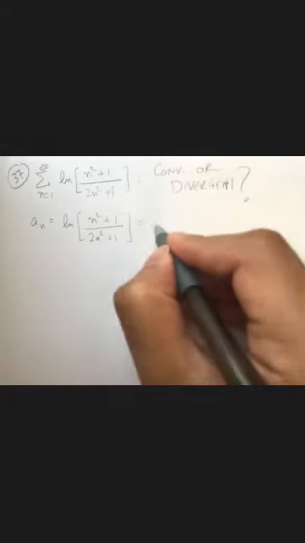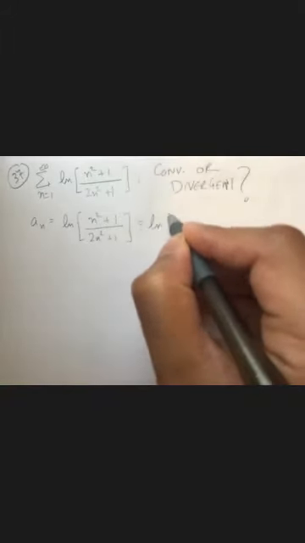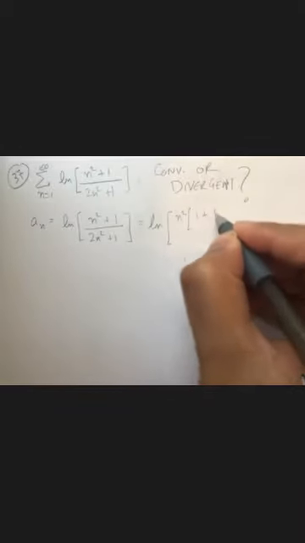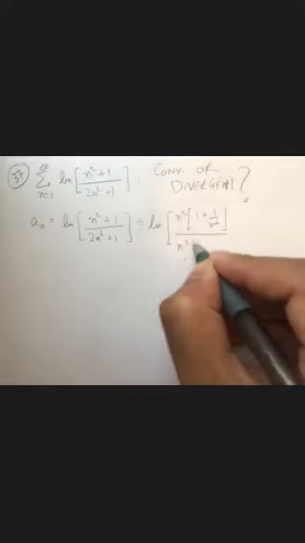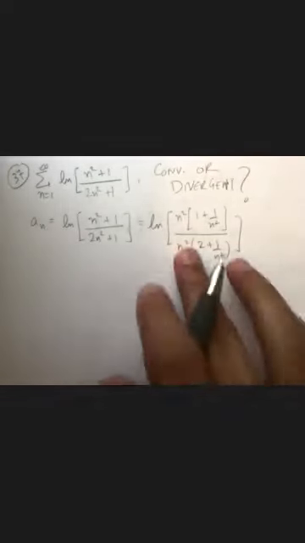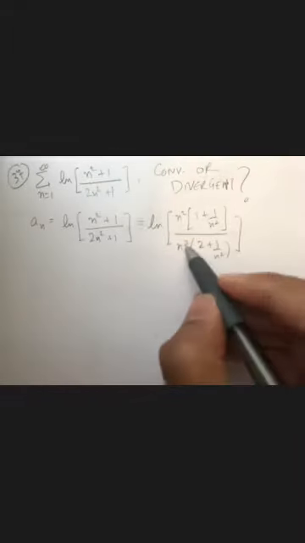Let me rewrite it. Which equals... and square will cancel out.